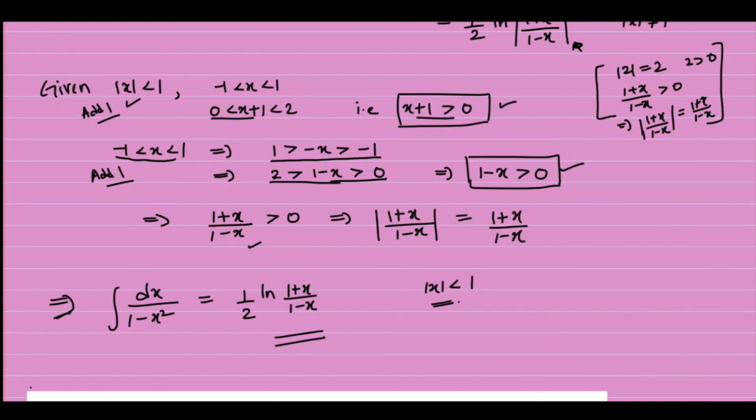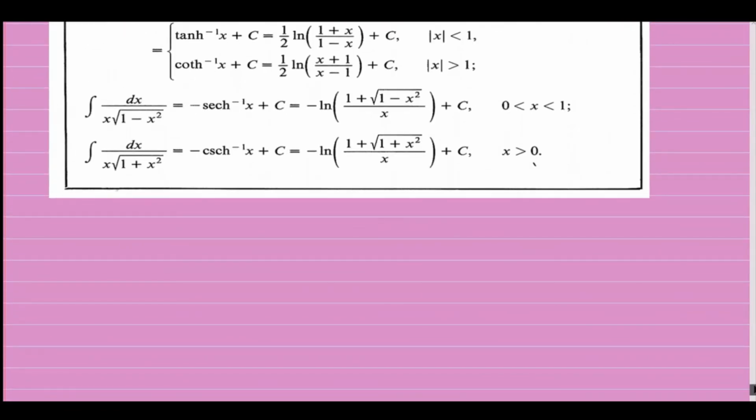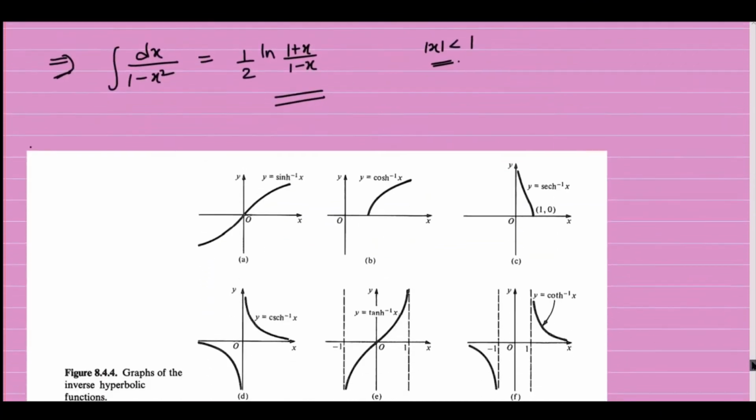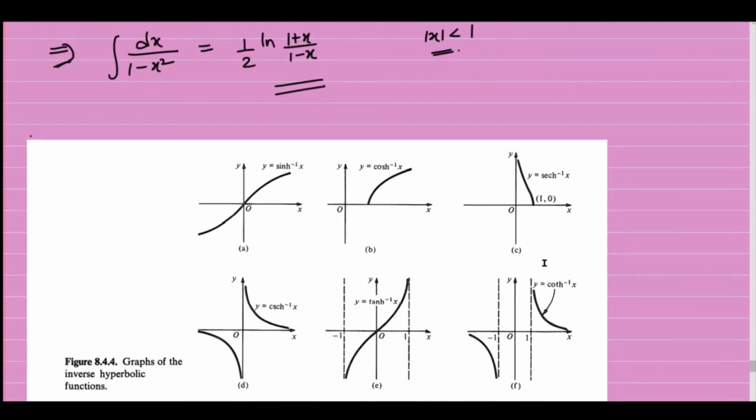Now we will see the graphs also. So we have the graph of the inverse hyperbolic function. This is the sin h inverse of x. At 0 it takes the value 0. And we have the cos h inverse of x.